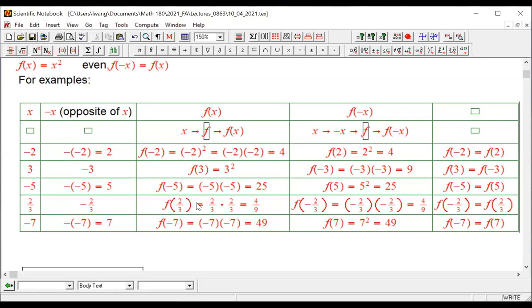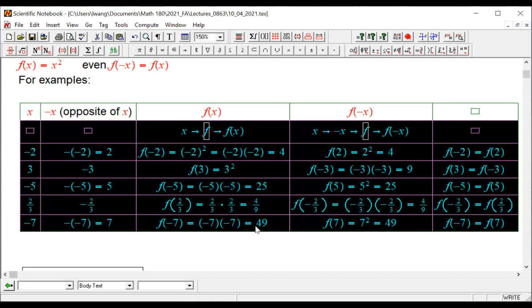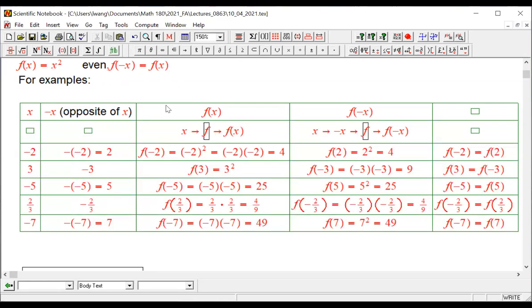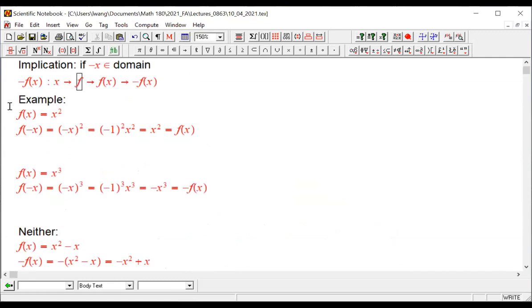All right, any questions about it? All of these are examples. They are not proofs. Just remember they're not proofs, they're just examples. But when we went over earlier, we talked about f of x being an even function.